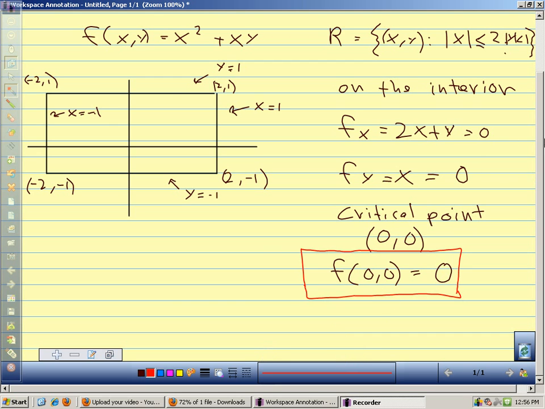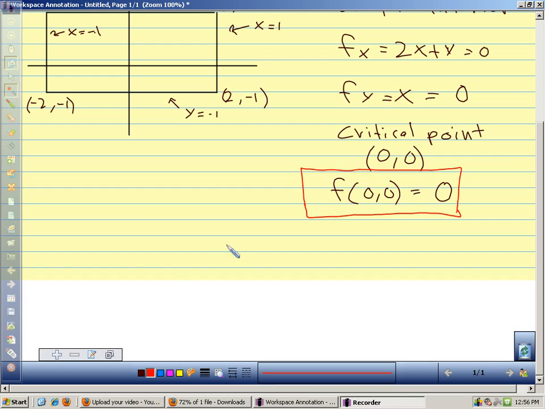So let's start, I'm just going to start down here on y equals minus 1 on our boundary. On y equals minus 1, f of x y, our function, is x squared minus x.